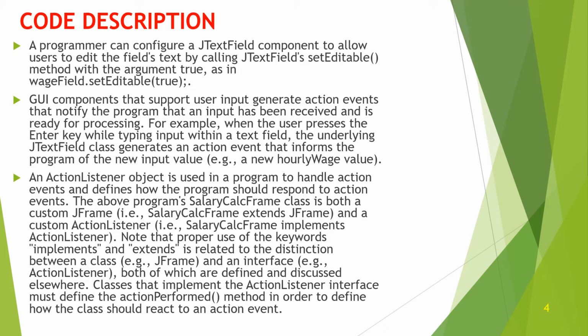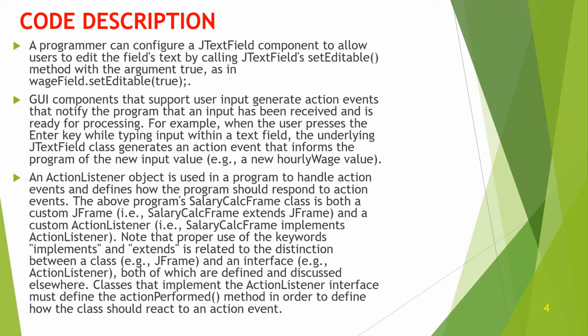There will be one action listener object in a program which is used to handle events and which defines how the program should respond to each event, like any click on the keyboard or whatever you enter on the keyboard. Again, a custom JFrame is used and a custom action listener is used in this case.